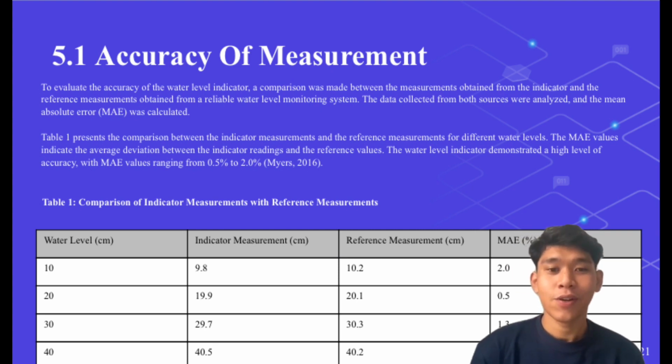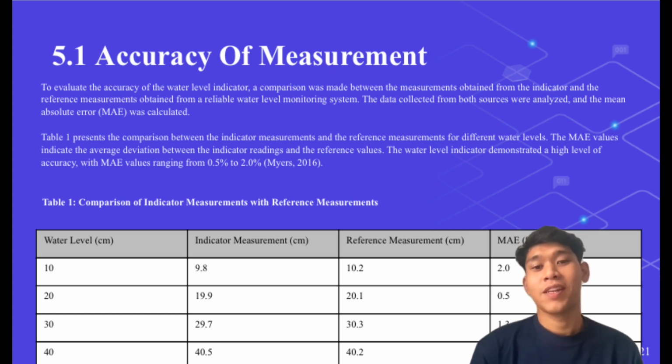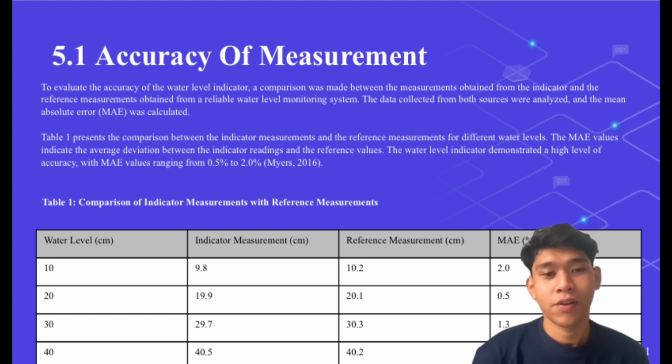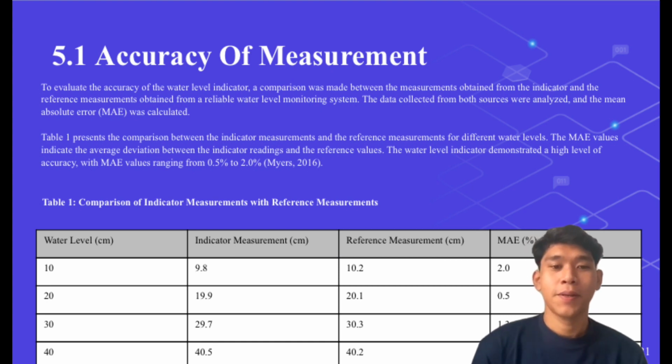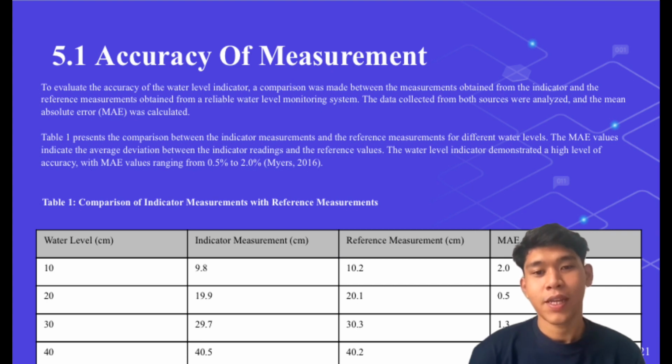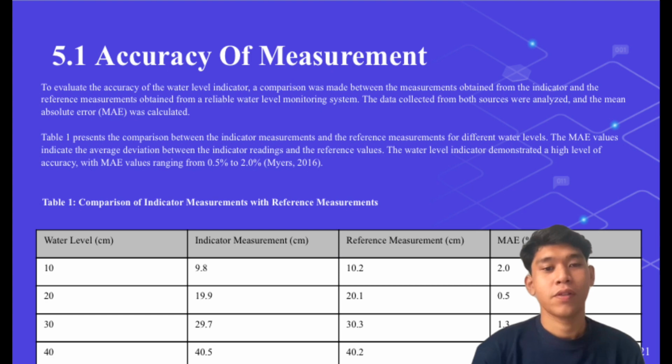The data collected from both sources were analyzed and the mean absolute error (MAE) was calculated. Table 1 presents the comparison between the indicator measurement and the reference measurement for different water levels. The MAE values indicate the average deviation between the indicator readings and the reference values.